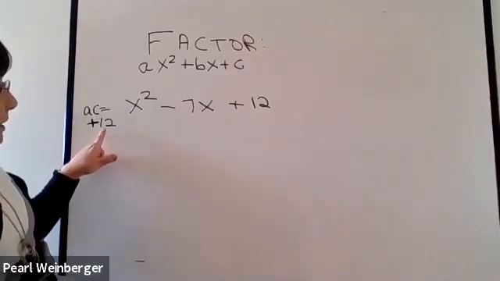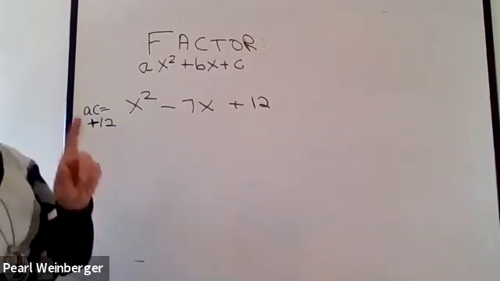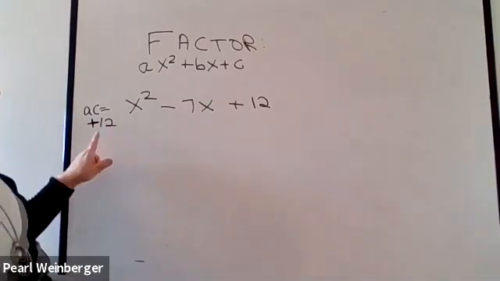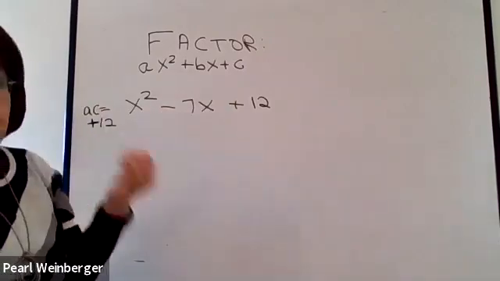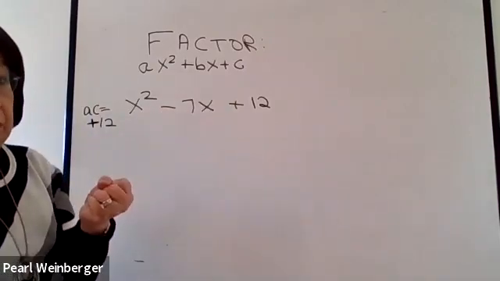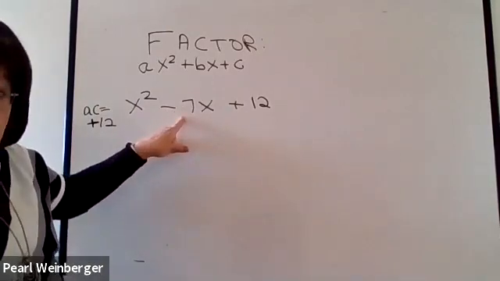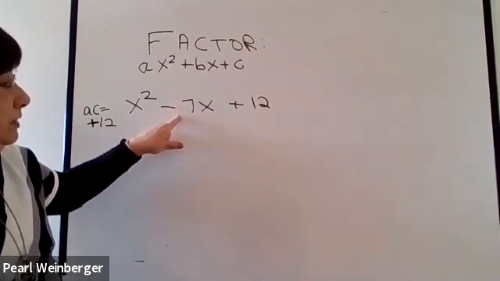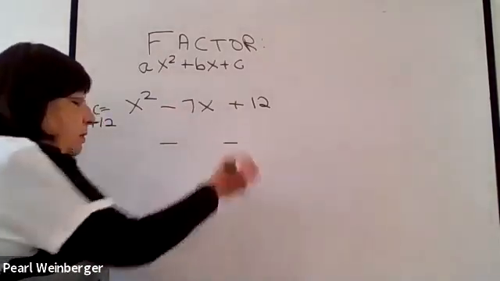This sign is positive. Now remember what we said, when that sign is positive, either the two numbers we're going to get are going to be positive or the two numbers we're going to get are negative. I look at my middle term. My middle term is negative. That means I'm going to have two negative numbers.